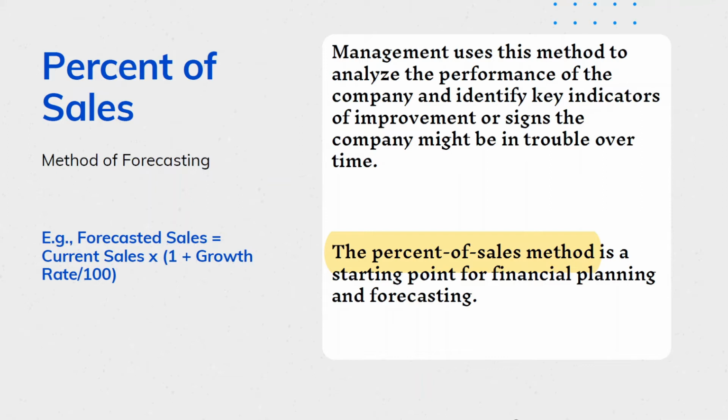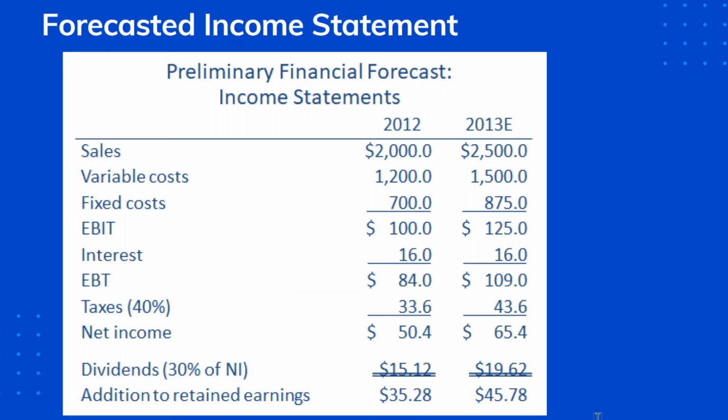Under this approach, our first step is to forecast sales. Our most recent financial statement represents the fiscal year 2012. We're going to forecast into the future, which is year 2013. The first item that we have to start with is sales. From the current financial statement, our sales were $2,000.